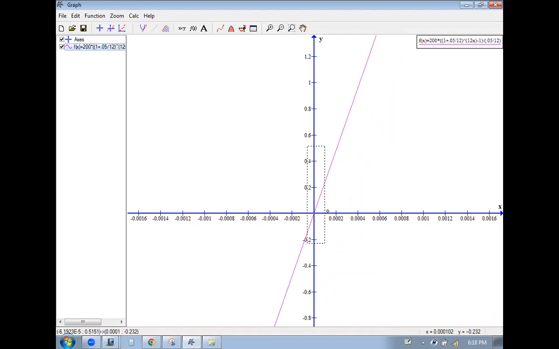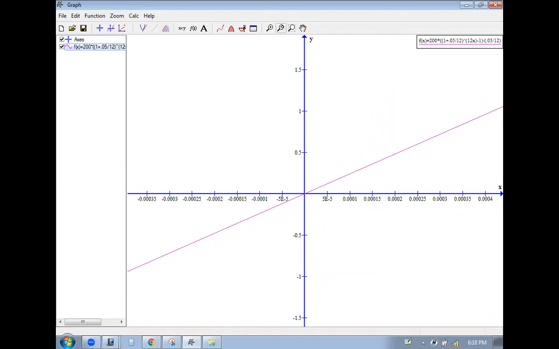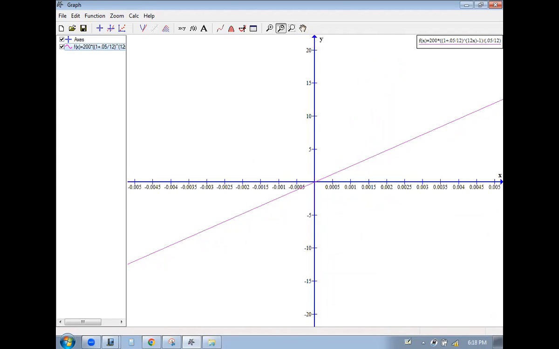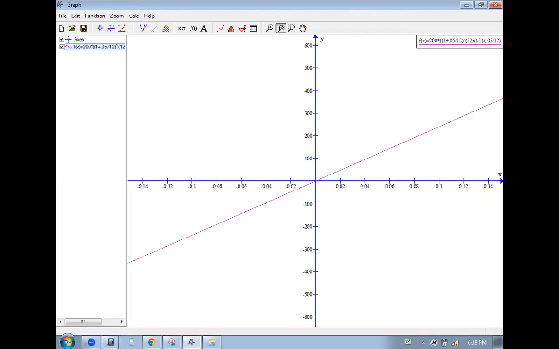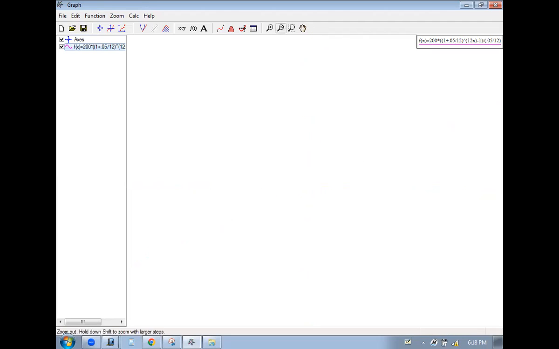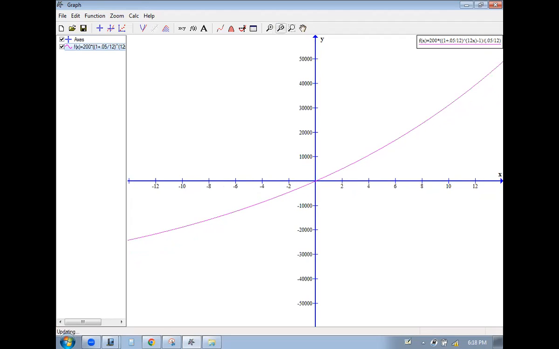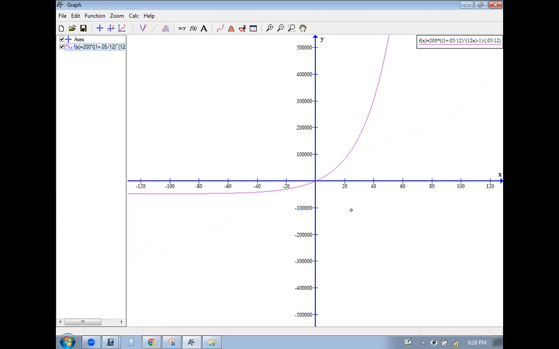Zoom out, zoom out. All right. So that's the amount up there, right? So the vertical line is the future value. There we go. Now we're getting some curves. So there, we can see it increases over time. That was challenging. Now let's try the other one.